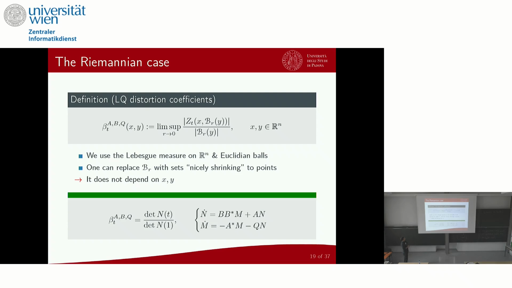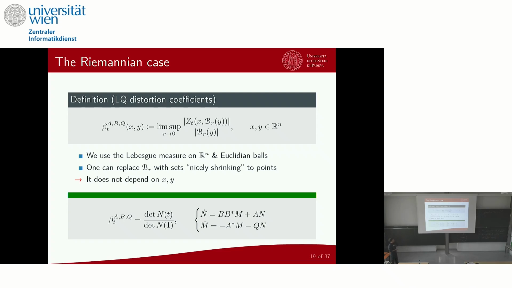And actually, you can compute explicitly is the determinant of matrix N of t over determinant of N of 1, where N coupled with M is a solution of a sort of Hamiltonian system, okay? Like this one, where you have A, B, and Q appearing.